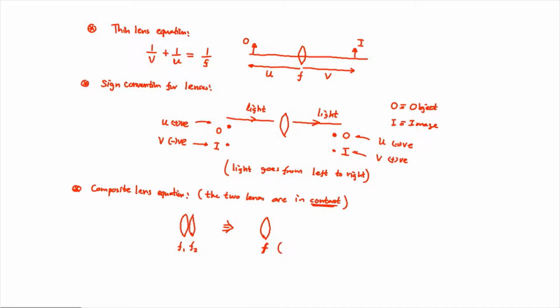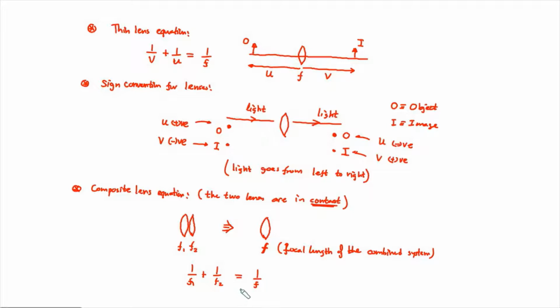So this F stands for the focal length of the combined system. So that's given as 1 over f1 plus 1 over f2 equals 1 over f.